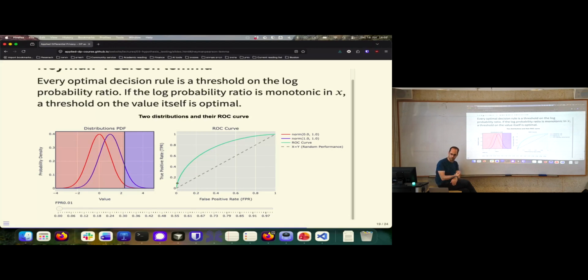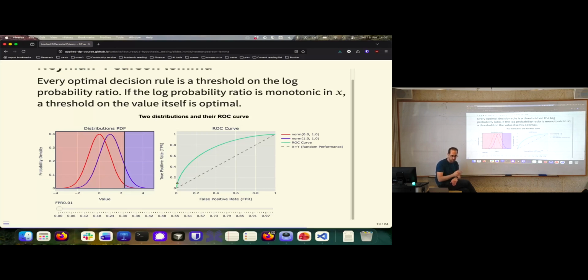For any value, any output of the distributions, I can ask what is the probability of observing this point under distribution 1 and under distribution 2. If it's a continuous distribution, it's not the probability but the probability density function.